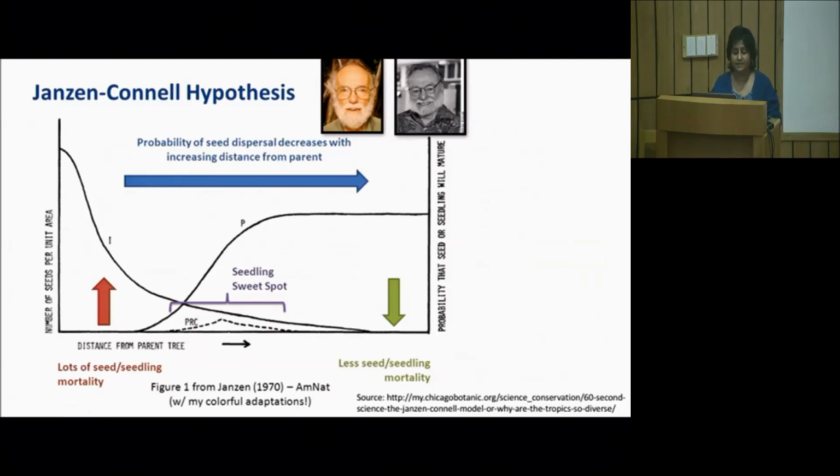Basically it posits that while the densities of seeds are high near the parent tree, as you move away from the parent tree, the probability of seedling survival increases. So there is lots of seed and seedling mortality near the parent tree, but as you move away, there is less seed and seedling mortality. This hypothesis has been the basis for a lot of the research.